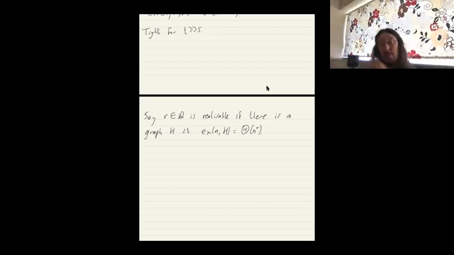So if you want to try and prove the rational exponents conjecture for a single graph instead of a family, then we want to show that every rational between 1 and 2 is realizable.